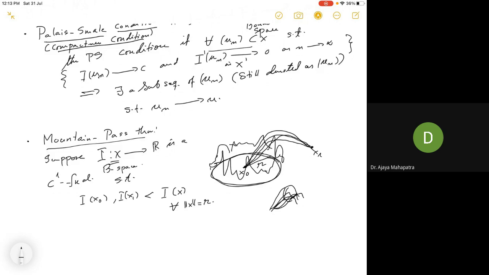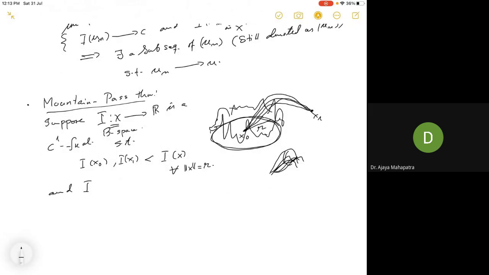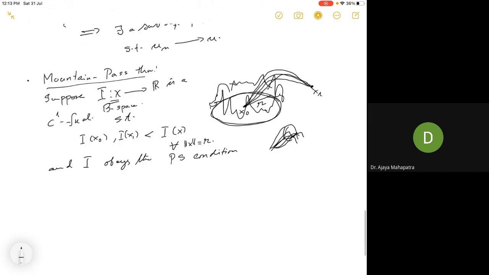And I obeys the PS condition, that is the Palais-Smale condition, which I have just now given, the compactness condition. Then I can say that I has a critical point.